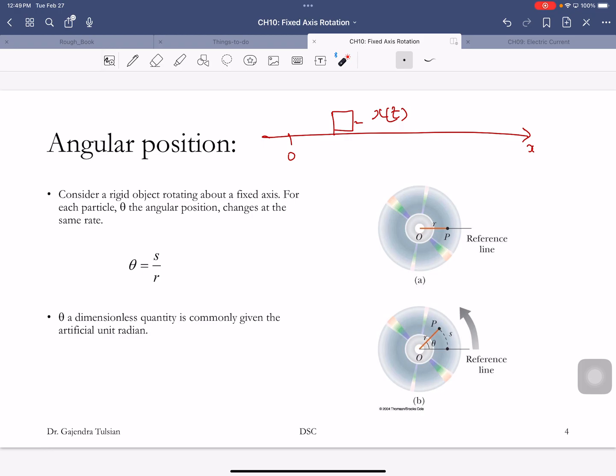Right now this object has been rotated through an angle theta with reference to it. By convention, counterclockwise rotations are taken to be positive, clockwise rotations negative, just like moving to the right is positive and the other way is negative. That's just convention; you can do it the other way and nothing changes.